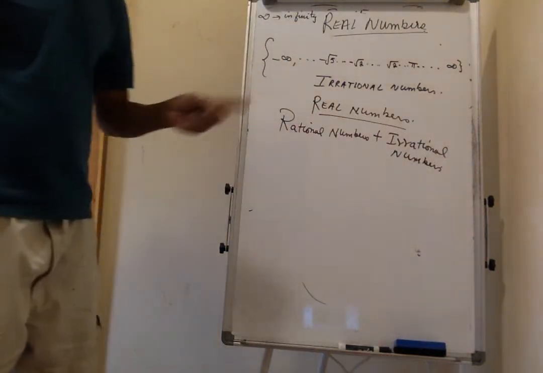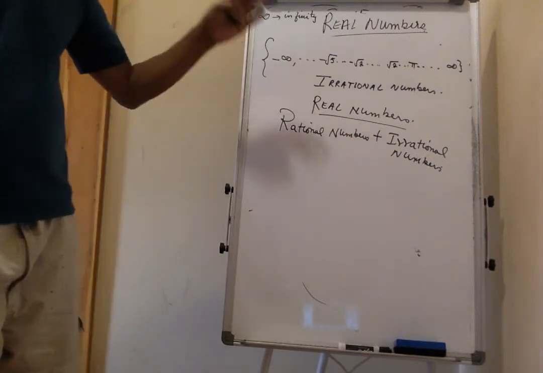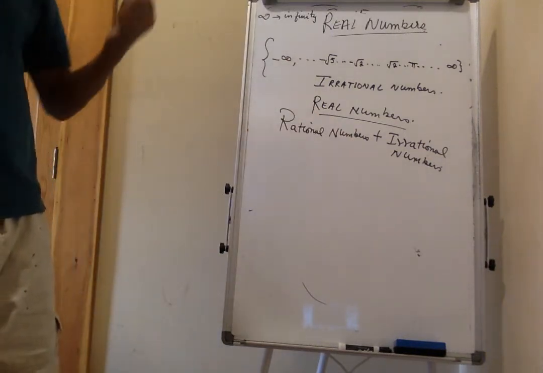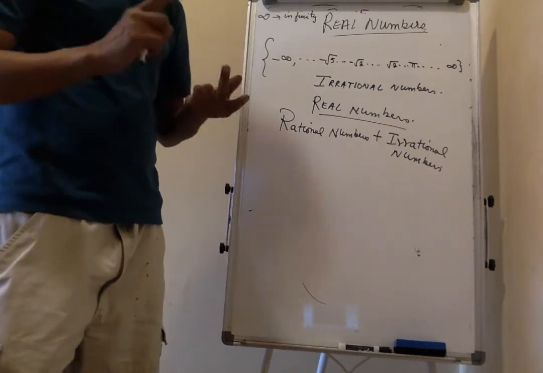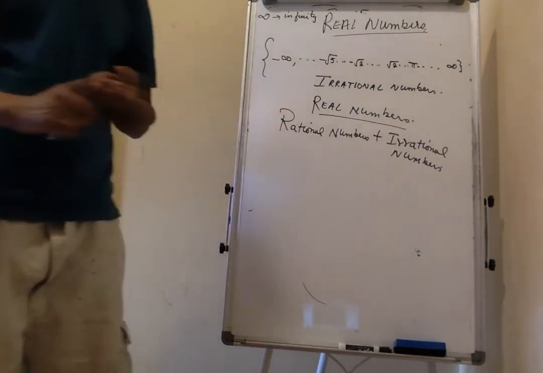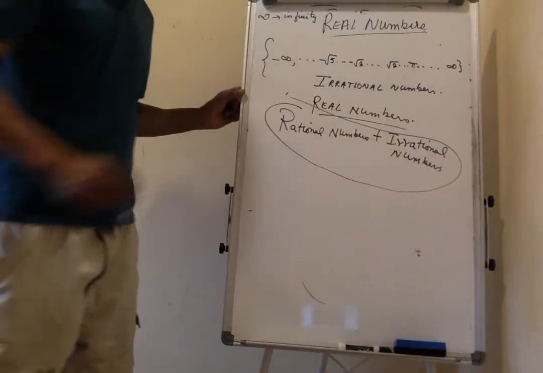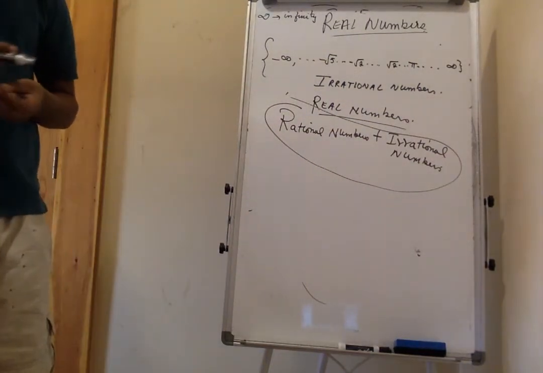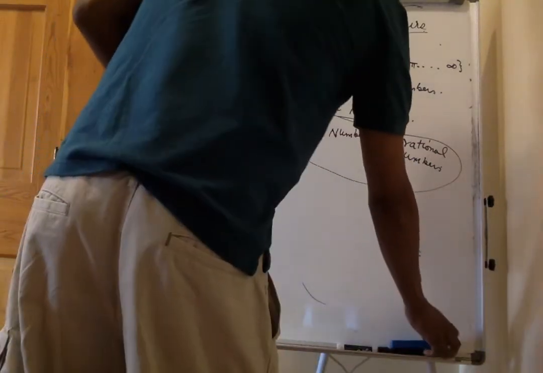You know that the rational numbers are from negative infinity to infinity, but they include the counting numbers, the whole numbers, the integers, and the fractions. So that is basically what we mean by real numbers. Okay? All right.